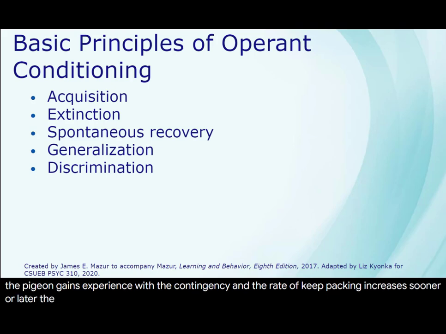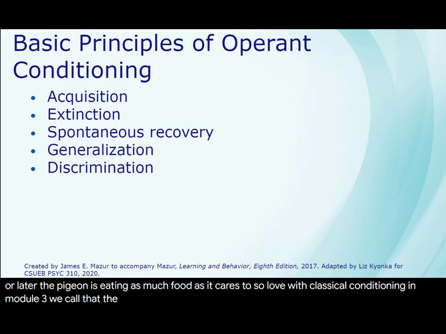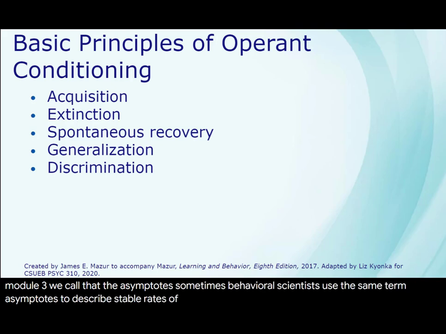Sooner or later, the pigeon is eating as much food as it cares to, so the rate of key pecking stabilizes or levels off. With classical conditioning in Module 3, we called that the asymptote. Sometimes behavioral scientists use the same term, asymptote, to describe stable rates of operant responding, but you'll also hear the term steady state.